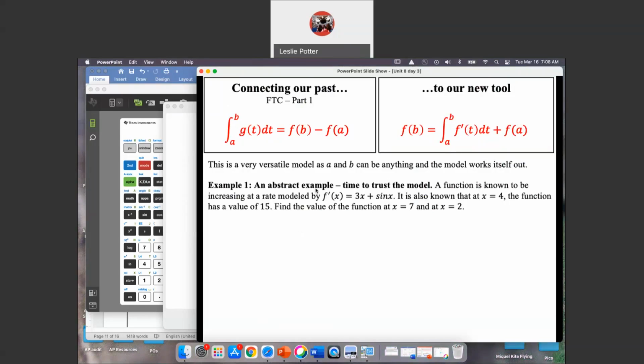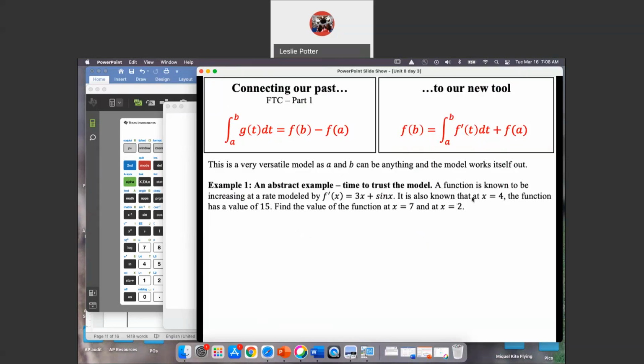So let's take a look at an abstract example, not tied to any context, to give you a little time to get comfortable with this new tool. The question: a function is known to be increasing at a rate modeled by f prime of x equals 3x plus sine x.